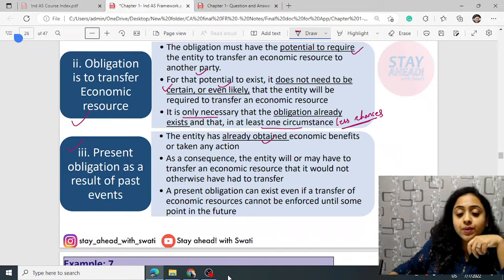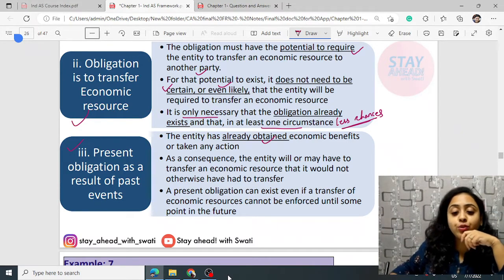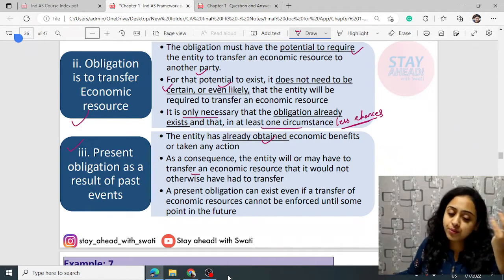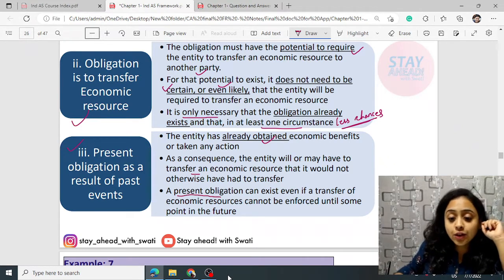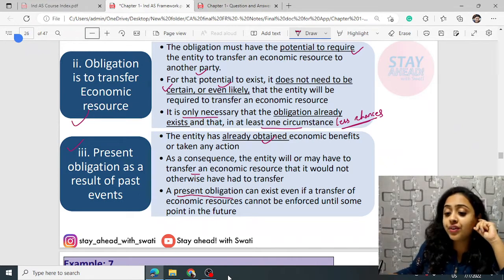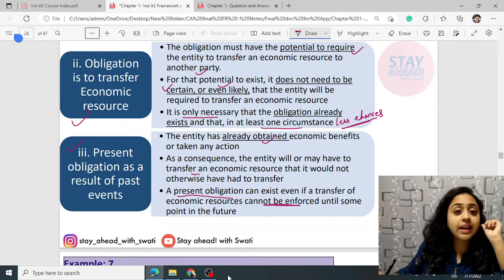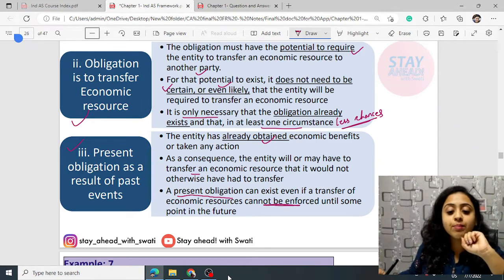As a consequence, the entity will or may have to transfer the economic resource that it would not otherwise have had to transfer. A present obligation can exist even if a transfer of economic resource cannot be enforced until some point in the future.